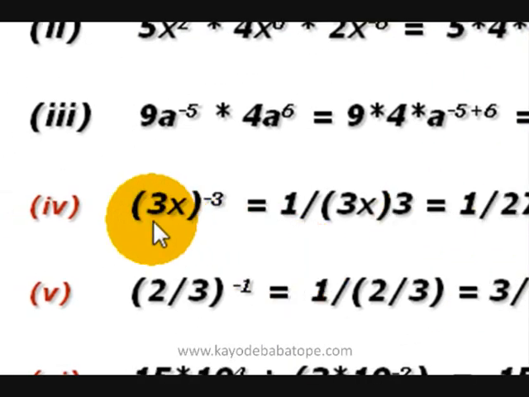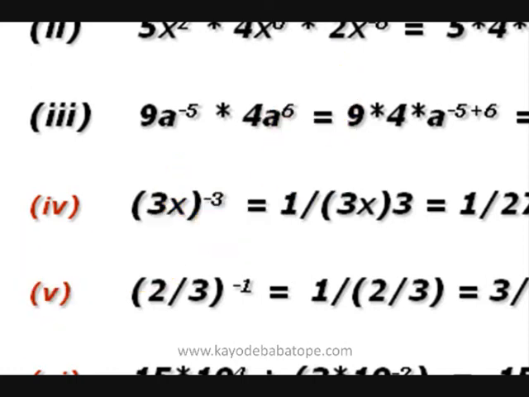Number 4, 3x raised to power minus 3. Remember from the fourth law, when you are raising a number to a negative index, it is equivalent to the inverse of that number raised to the positive index.